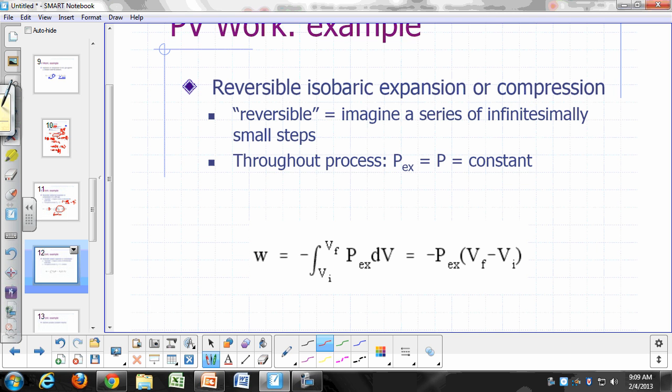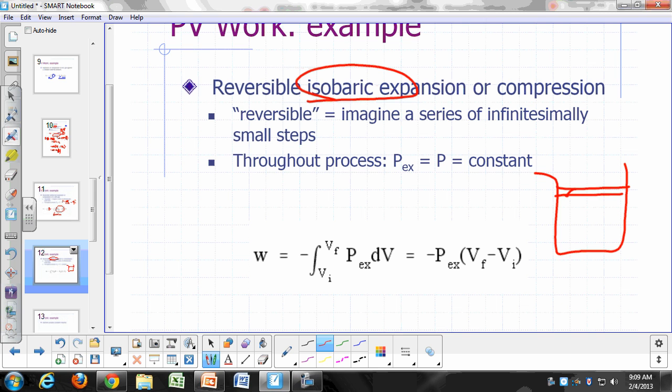What if you're asked for the isobaric work, PV work for an isobaric expansion or compression? Reversible. What does isobaric mean? Constant pressure. So let's imagine physically how we might get this to happen.